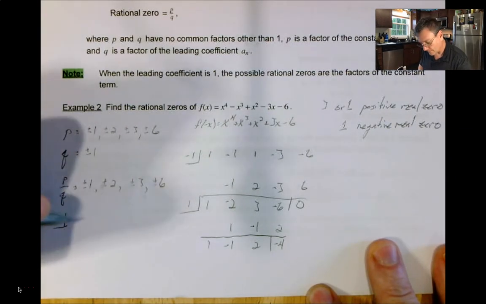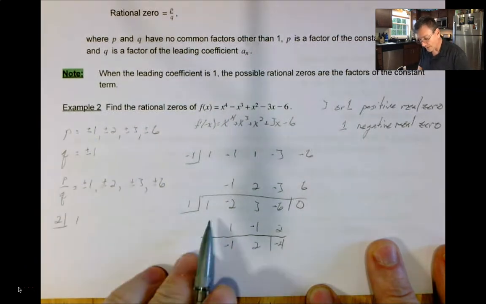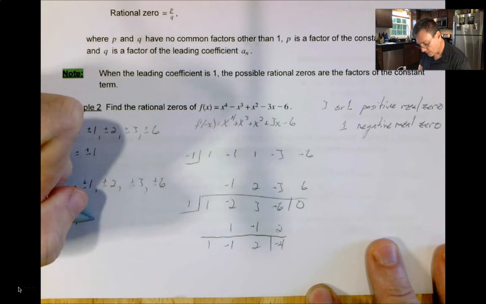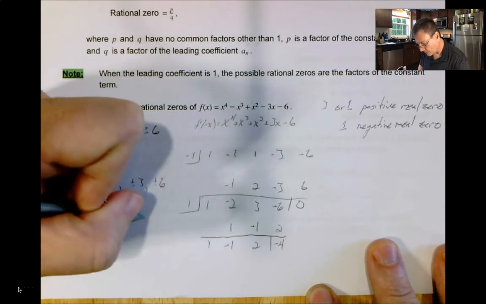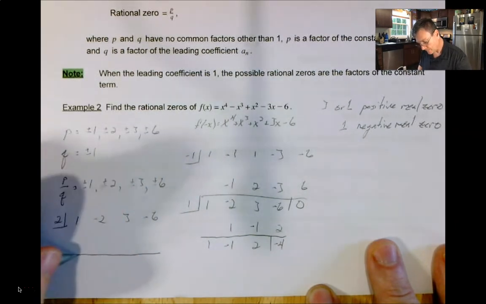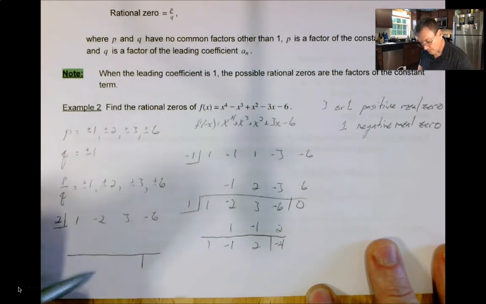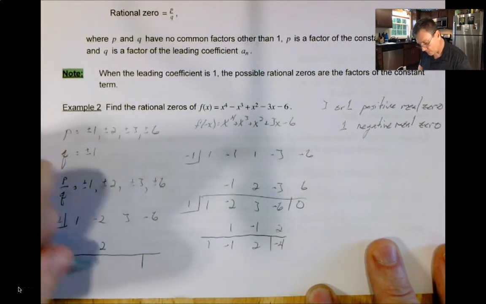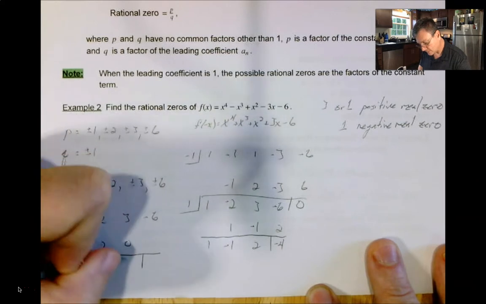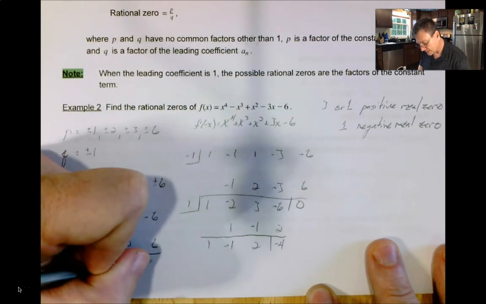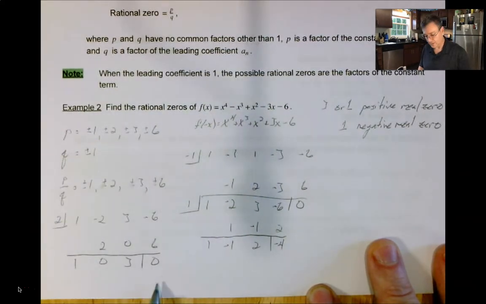We'll put in 2. And again, we're going back to the reduced: 1, -2, 3, -6. 1, 2, 0, 0, 3, 6, 0, and I have found a positive real 0.